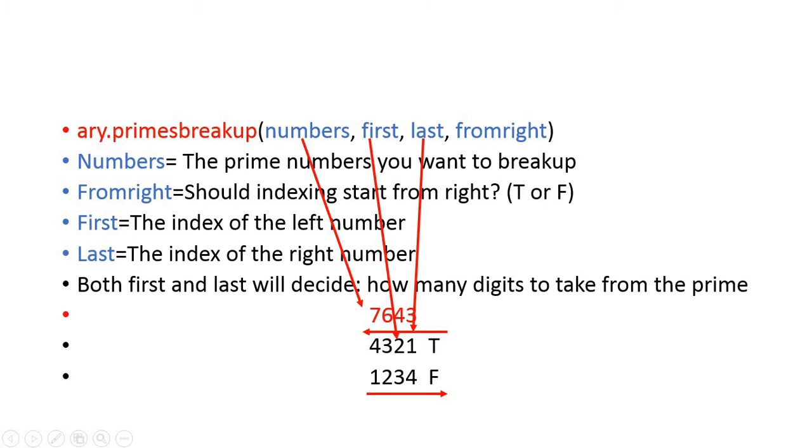And if you put this index as 1 and this index as 4, then it will take 4 numbers. Similarly, you can put this false and you will have to then consider these indexes. So if you put this as 1 and the last one as 3, then it will take this 764 out of this prime number.